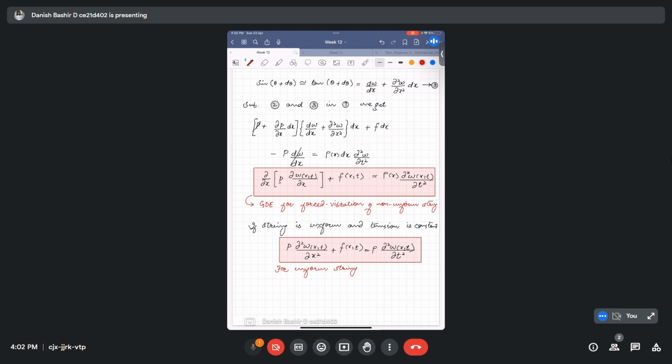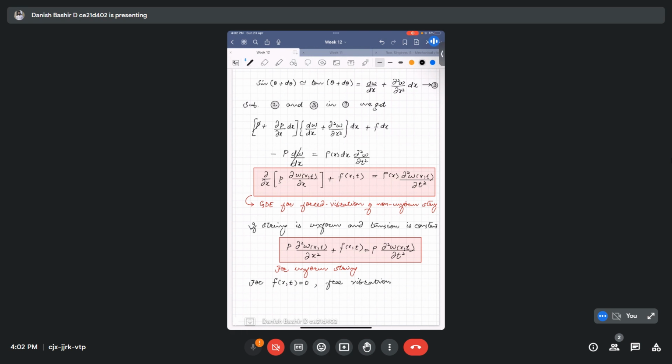So what will be the case if f of x comma t is 0? For f of x comma t equal to 0, we obtain free vibration. So the string is not under any influence of any external force. So we term that vibration as free vibration, okay.